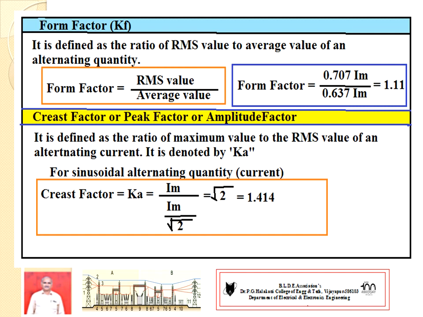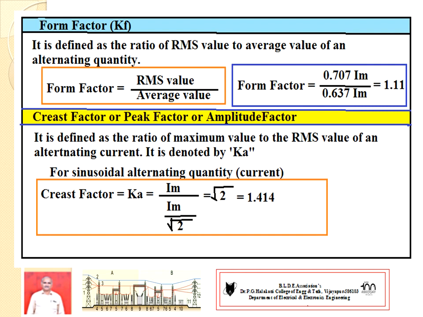Similar to the first explanation of RMS, then average, you remember this. Quantity may be voltage or current. So form factor you write in expression manner. Form factor is denoted by Kf. Kf equal to RMS value divided by average value.